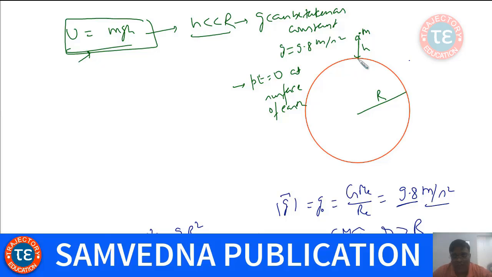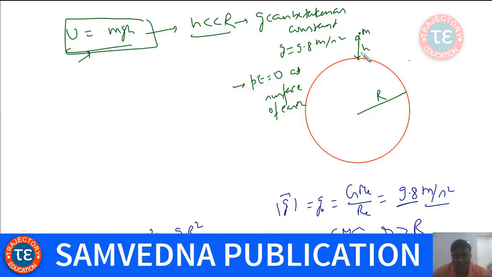So how do you get this U? See, you have made the assumption that potential is zero on the earth's surface. Then use the definition. Work done in bringing the object from the configuration of zero potential energy to the existing configuration. So work done in bringing the object from h equal to 0 to this point would be how much?